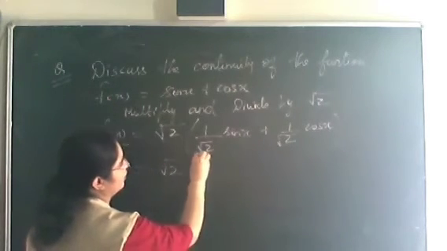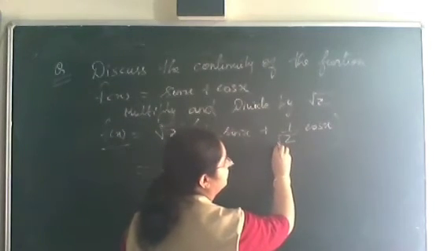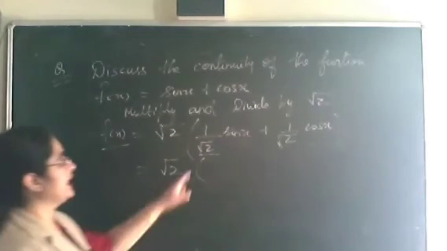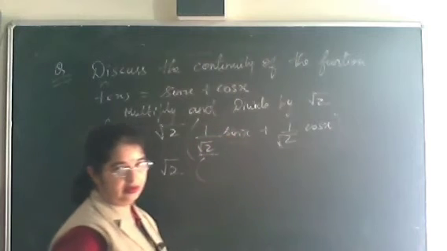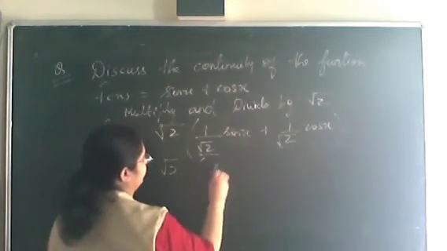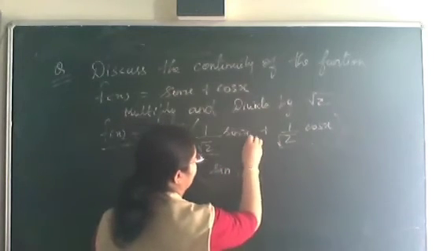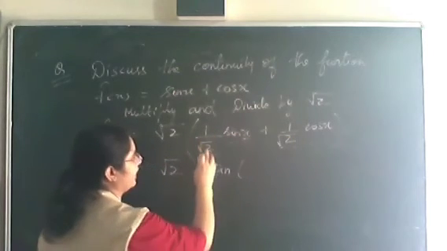Now you can see this is cos pi by 4 sin x plus sin pi by 4 cos x. This is the formula of what? sin a cos b plus cos a sin b, which is sin(a plus b). So a is x, and b is pi by 4. 1 by root 2 can be written as cos pi by 4.